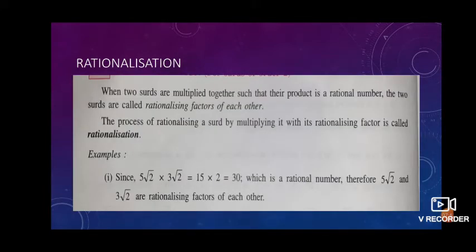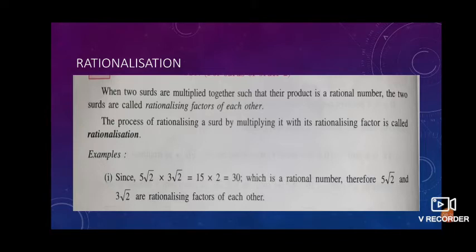Next, rationalization. What is meant by rationalization? If we take two irrational numbers and multiply them and make the product a rational number, converting an irrational into a rational is called rationalization. Now we'll see the statement also here. When two surds are multiplied together such that their product is rational. Surd in the sense what? Irrational number.